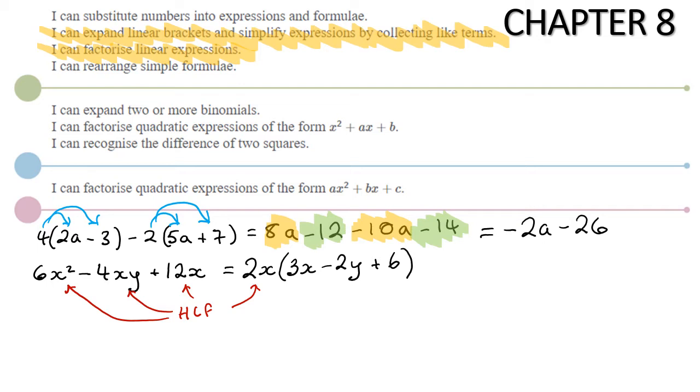So that bit is factorizing here, and the top here, this is expanding the brackets, and then we did the simplifying as well. And quite often when you expand brackets, as part of it, you need to simplify as well.